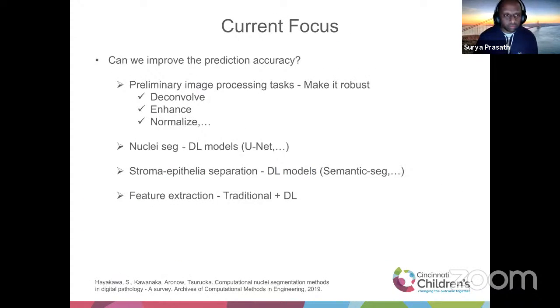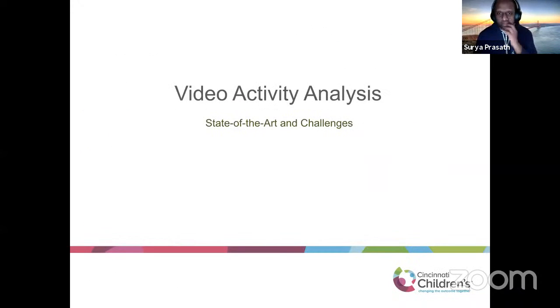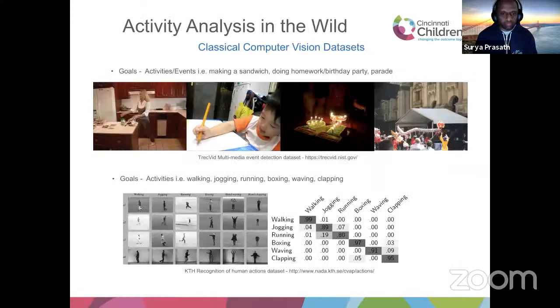I'll skip this as well and go to another very interesting problem. In this problem, we want to analyze patients' activity. Again, this is a very well-known area in computer vision, where people have models to predict what you are doing from videos: walking, jogging, running, boxing.